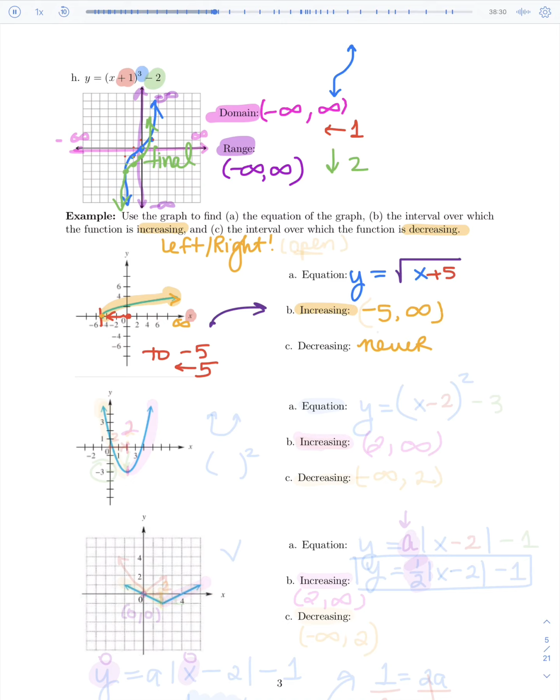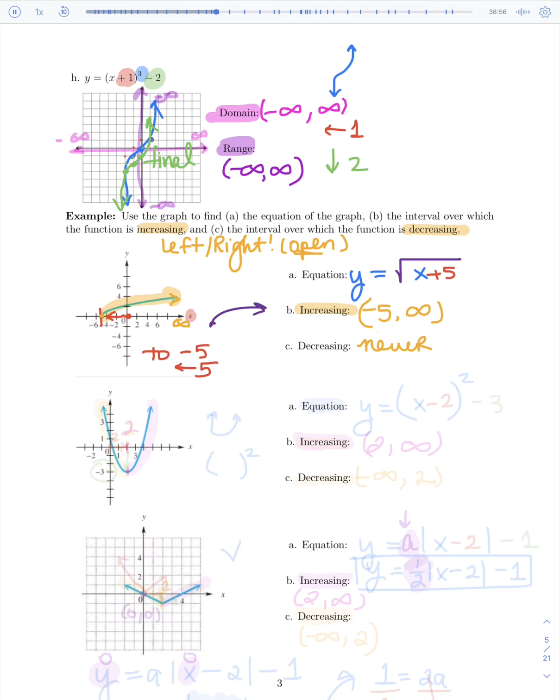So far, so good. The question is, what do you put at -5? We always use open intervals when we are increasing or decreasing, and what open intervals means you should always be using parentheses, not brackets. So we're going to use a parentheses here because they're going to tell us to always use open intervals.